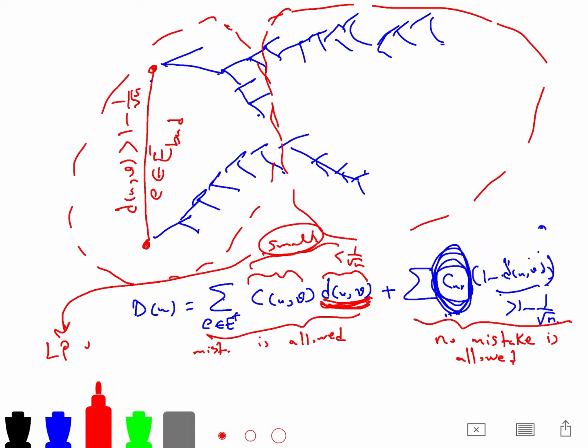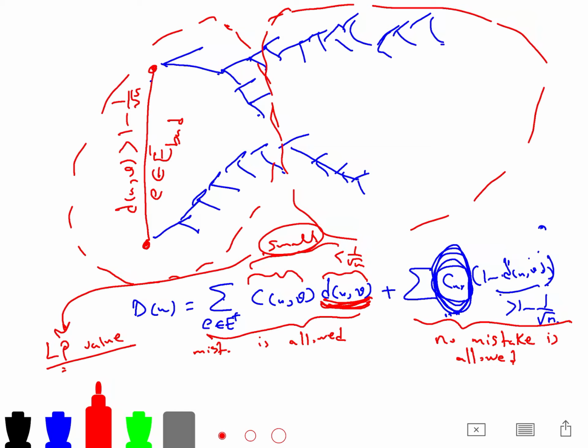So it has a small contribution to the LP value. That is nice. We have somehow heuristically tried to reduce the LP value, which is a good thing. And that's why I like the idea of Moses-Charikar.